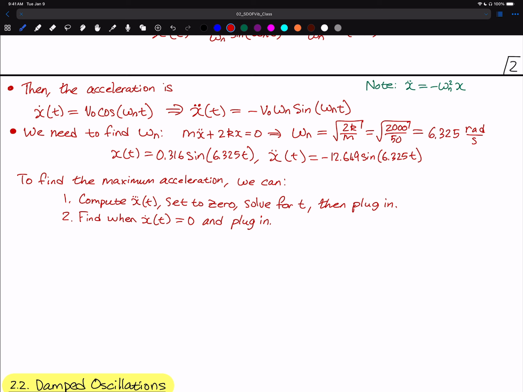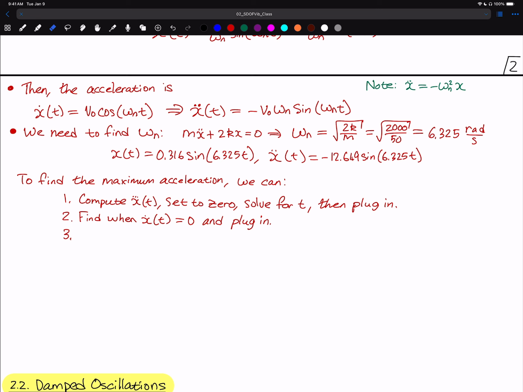The third option is that we can recognize that the sine function in the acceleration has values somewhere between -1 and 1, and has a maximum value of 1.